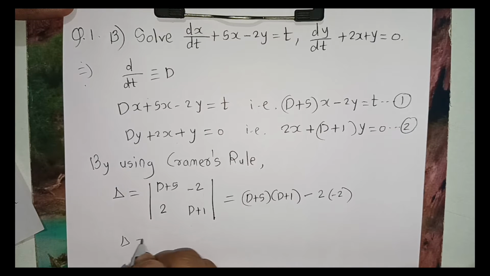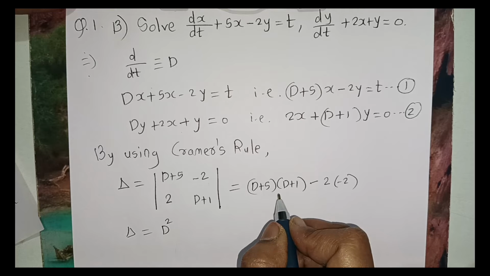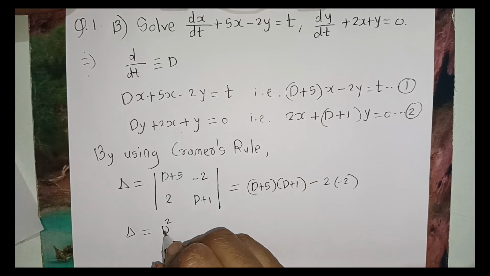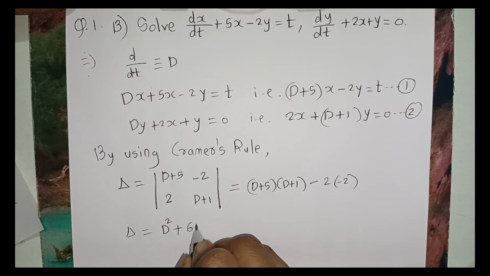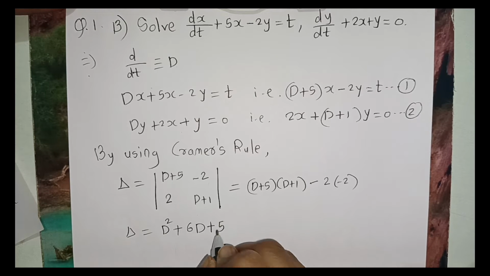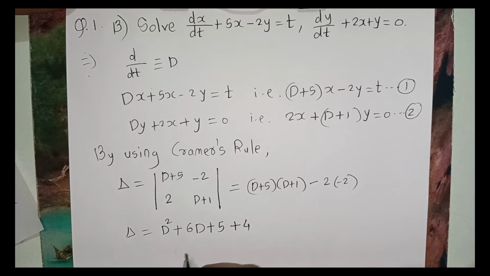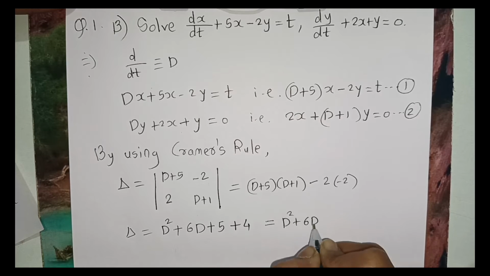So del is equal to D square. Now the product of two linear factors is equal to the square of the first term, which is common in both the brackets, plus the addition of both the constants, 5 plus 1 will be 6, so 6D, plus the product of both the constants, so it is 5, minus this is 2 into minus 2, so plus 4. So del is equal to D square plus 6D plus 9.